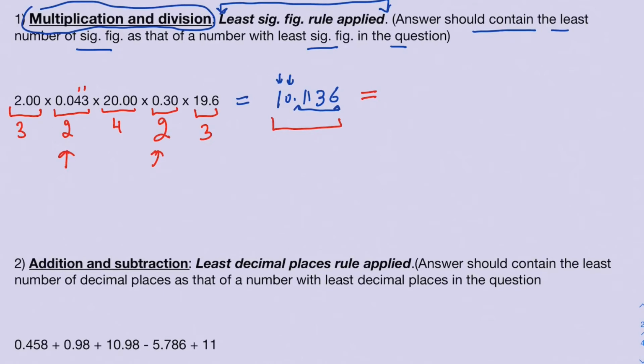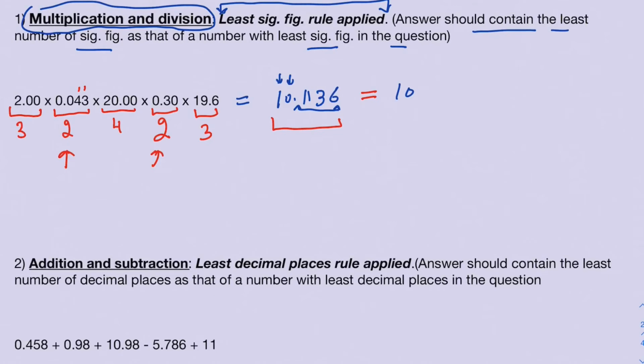The very first digit that's being dropped, if that digit is 5 or more, then the very last digit that you're keeping goes up by 1. If the very first digit that's being dropped is less than 5, then you leave the very last digit that you're keeping as it is. In this case, you have 1 here, which is less than 5, so you're going to keep this 0 as 0. So it's just going to be 10 at the end of the day.